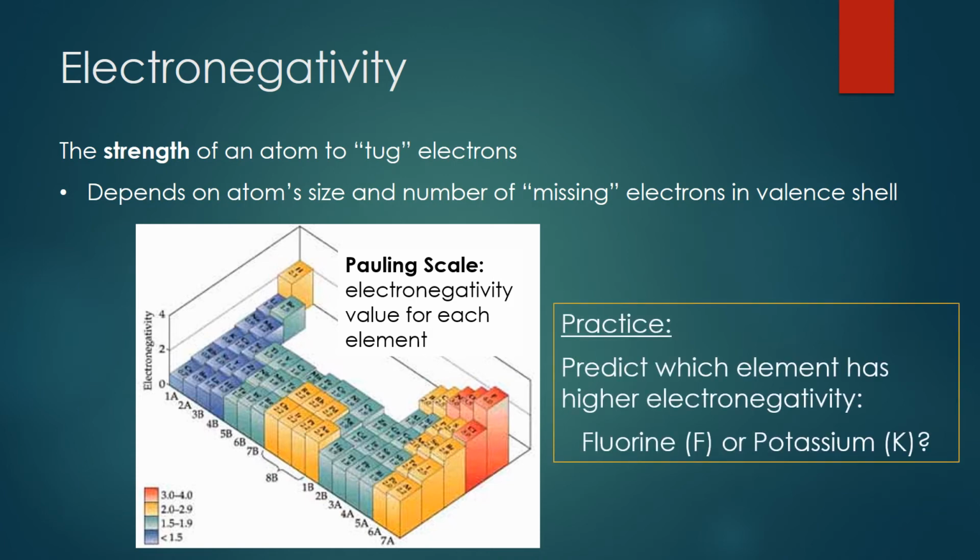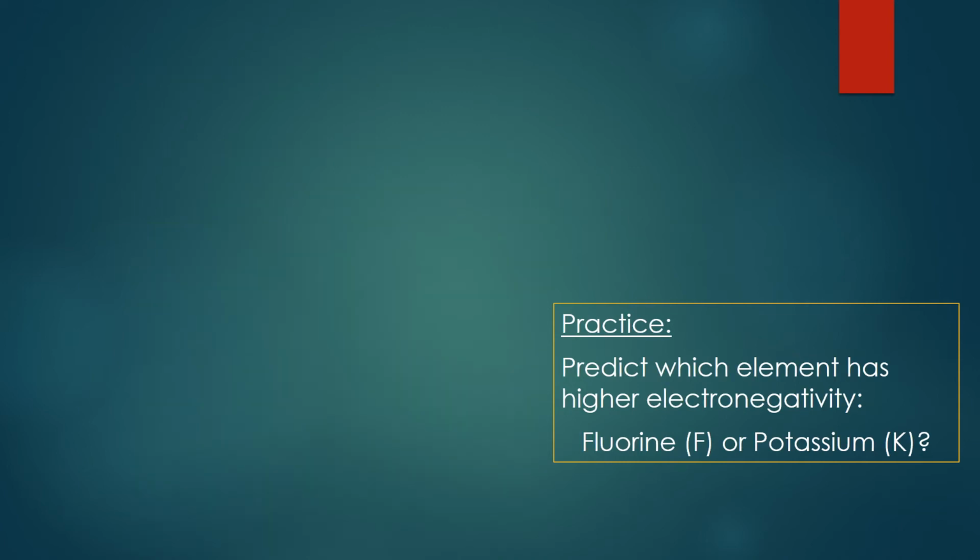We can predict which element has higher electronegativity if we have any 2 pairs. So for this practice pair, let's say fluorine and potassium. Which one has a higher electronegativity, meaning it would be more likely to try to steal an electron away from a neighboring atom?